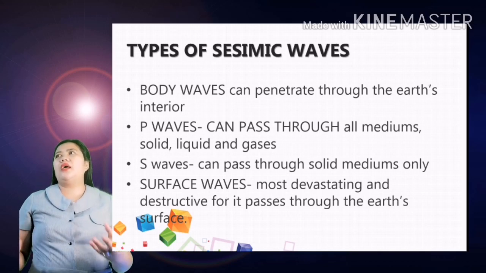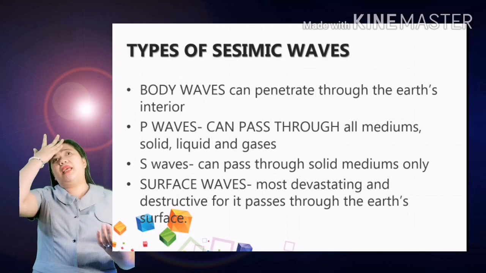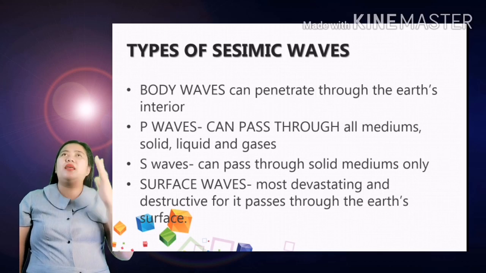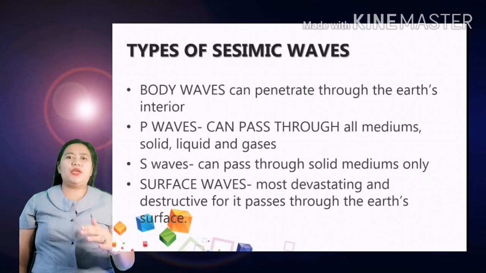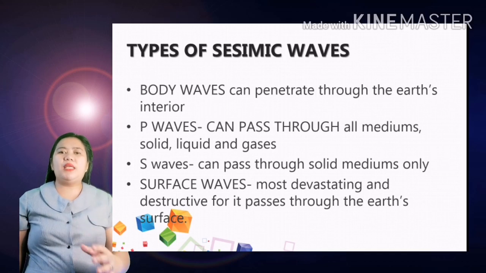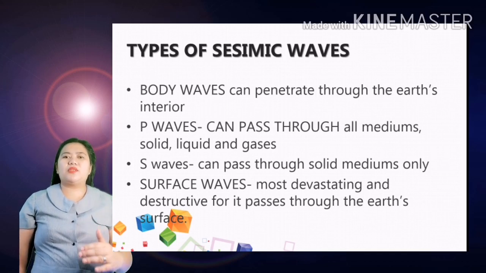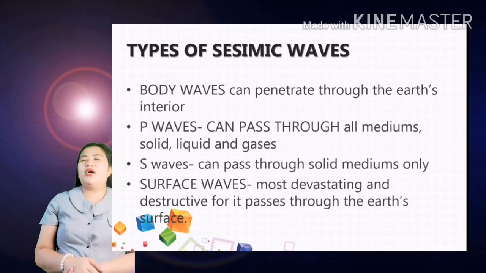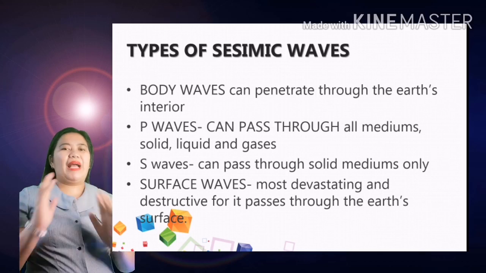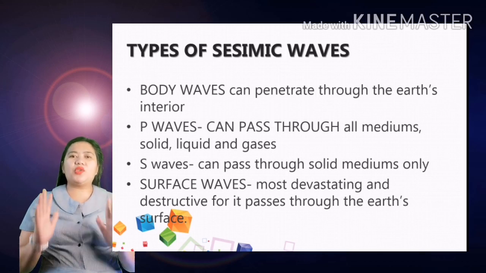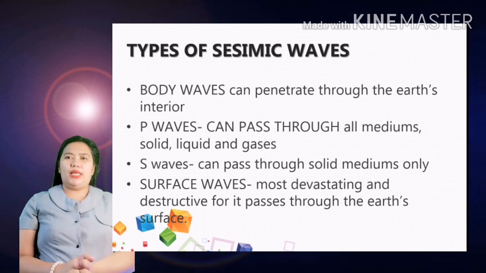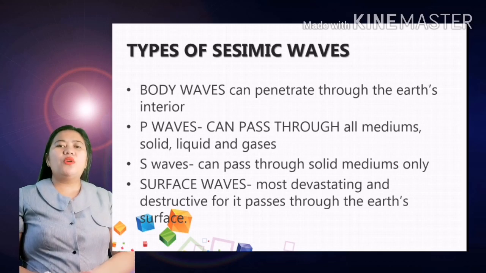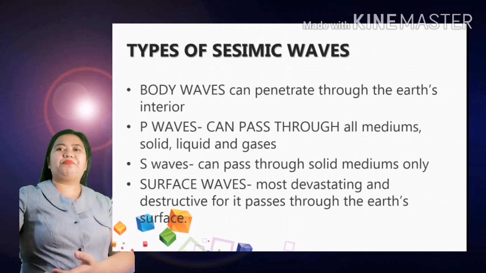If it does not bring any record to the seismograph, it means that this particular region of the Earth's interior is composed mainly of liquid substances. That's the main significant purpose of the secondary wave, for it passes only through solid medium.